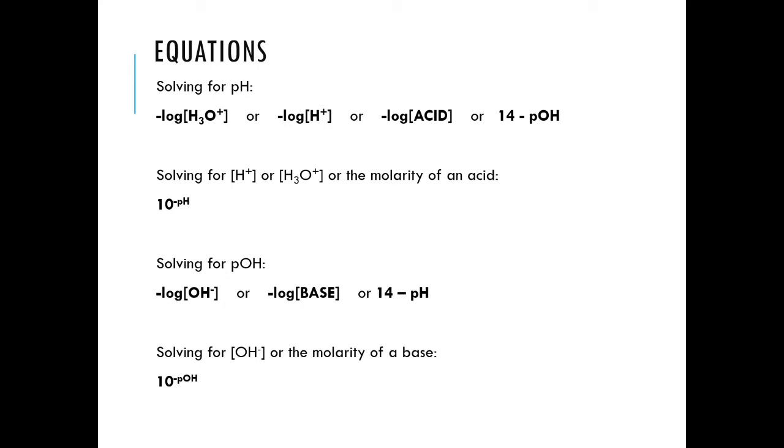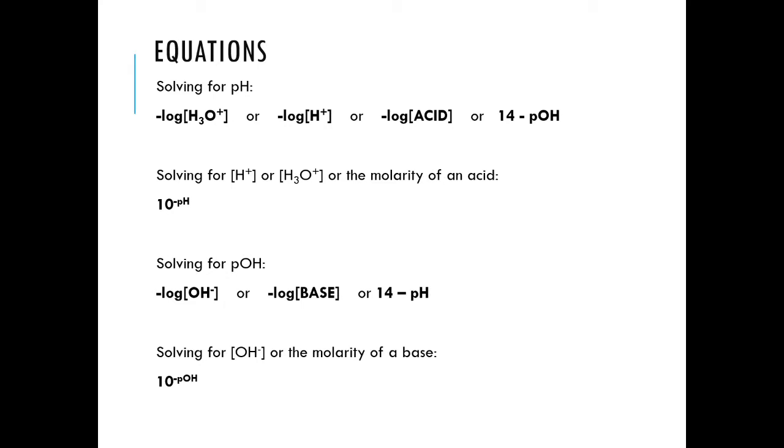Let's do a quick review of the equations themselves. So for solving for pH, there's 4 different things we can do here, depending on what the question is actually giving us. 3 of those things are essentially the same thing, but you just have to remember that it's just how the question's worded.